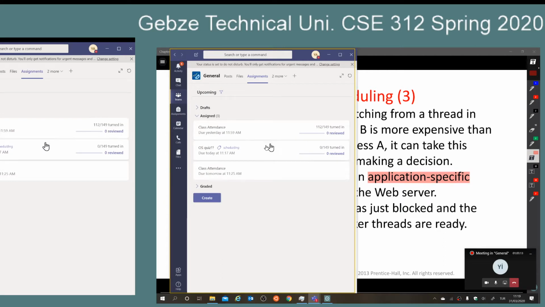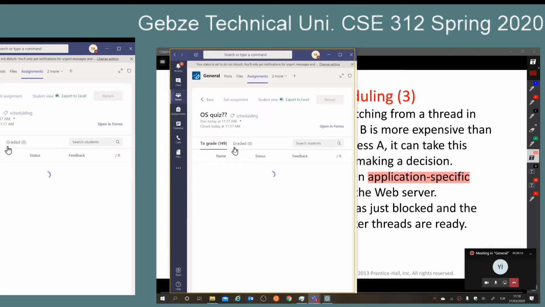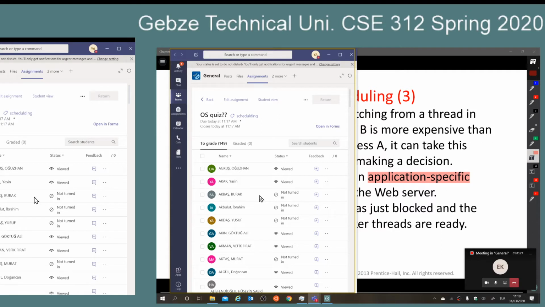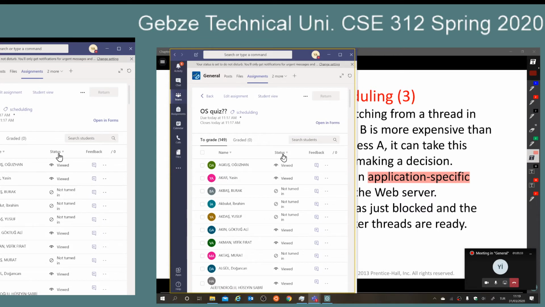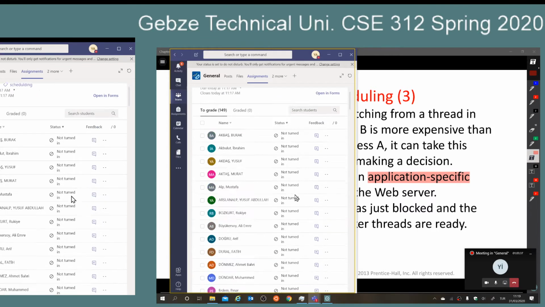Okay, so let's look at this scheduling thing. How many people did it? Some people viewed, some turned in. Nobody has turned it in.